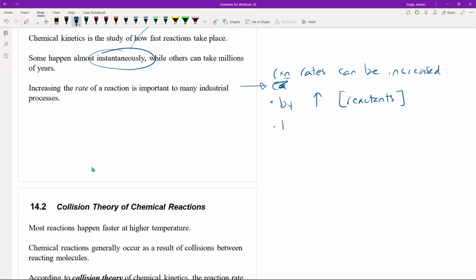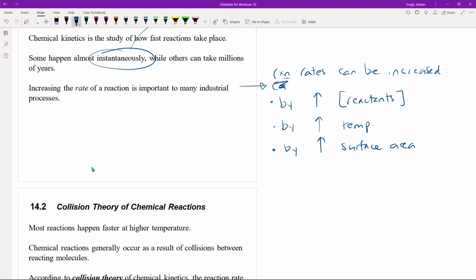We can increase the reaction rate by increasing the temperature, which increases the kinetic energy of the particles. We can also increase the reaction rate by increasing the surface area, so we allow more contact, in other words, between the reacting particles.